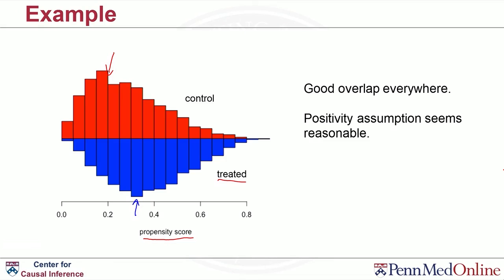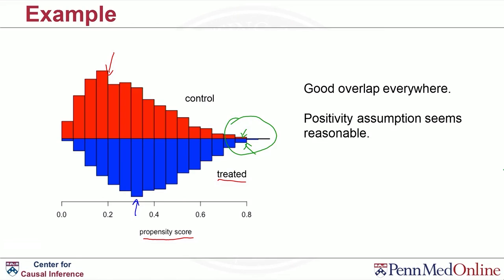But in this case, what we see is that there's overlap everywhere. So this is actually the kind of plot you would like to see if you're going to do propensity score matching. So what we mean by overlap is that no matter where you look in the propensity score, let's say you look out here at one of the extremes, even though there's more blue than red, there's still some people in the control group that have a probability of getting treatment that high.